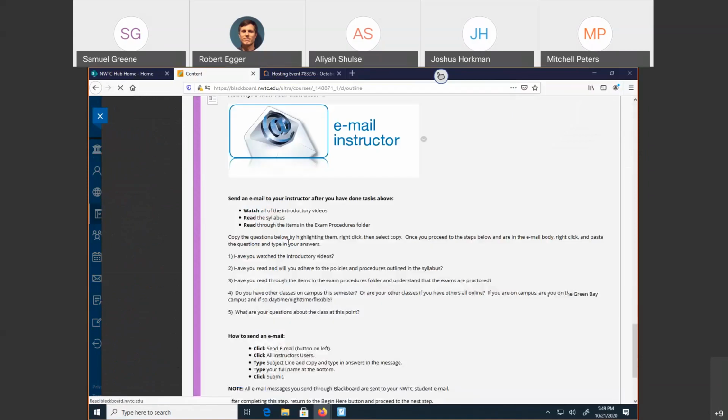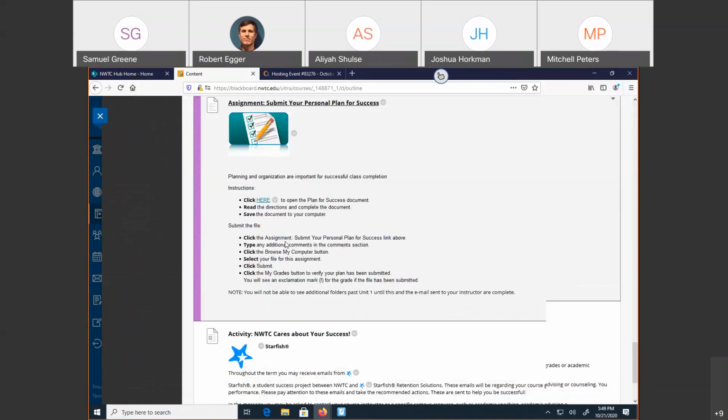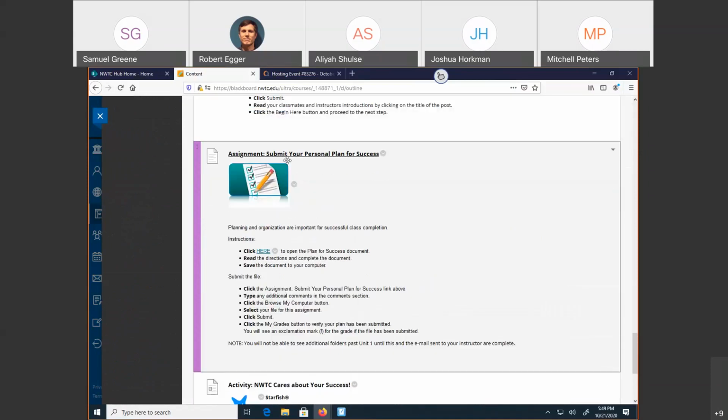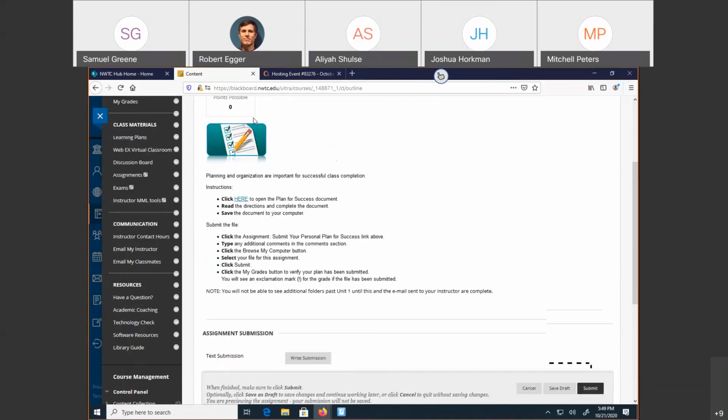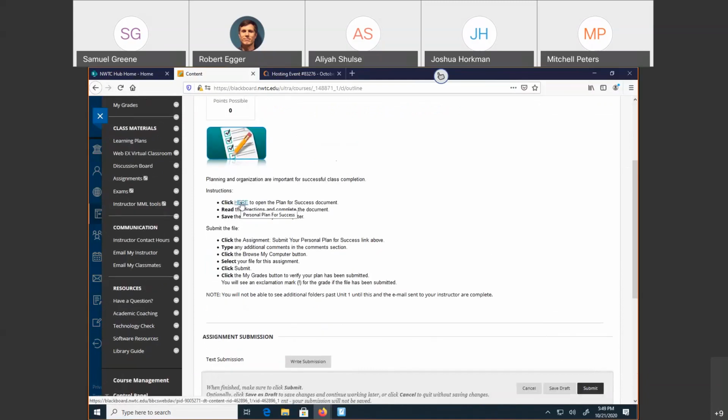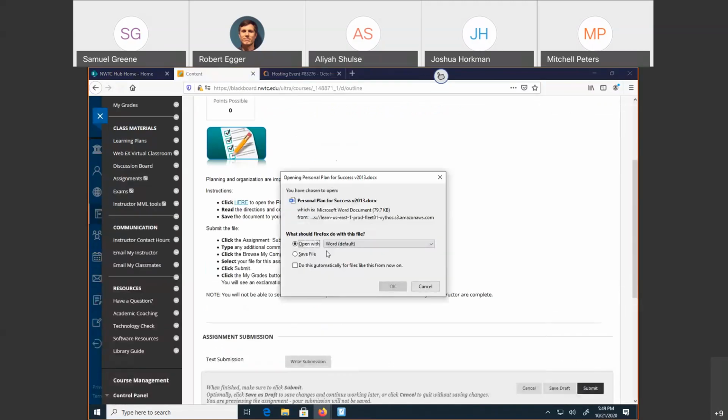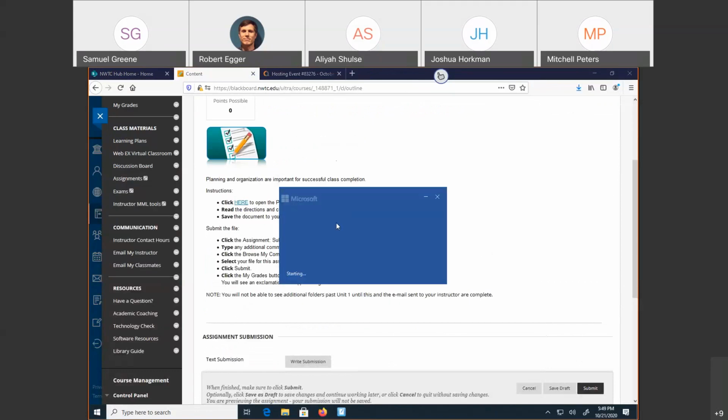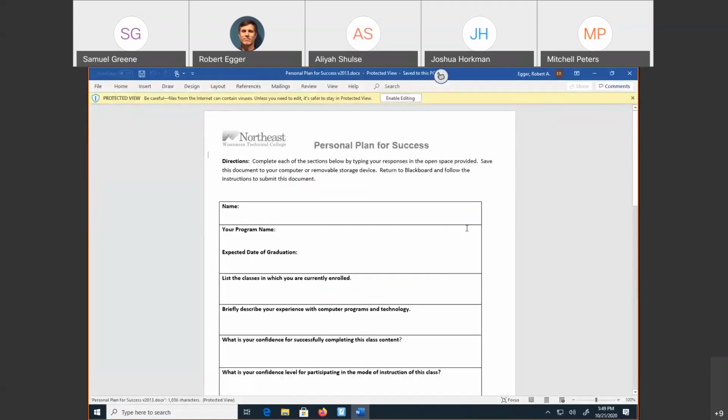Towards the bottom, there's doing your personal plan for success. It's going to be a Word document. Give it a few seconds to open up. Okay, and so it's fully editable.